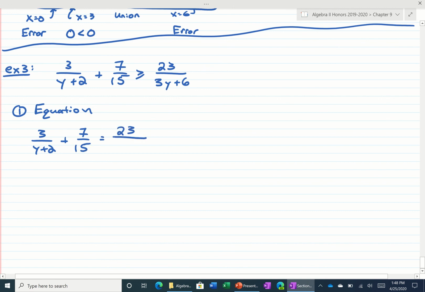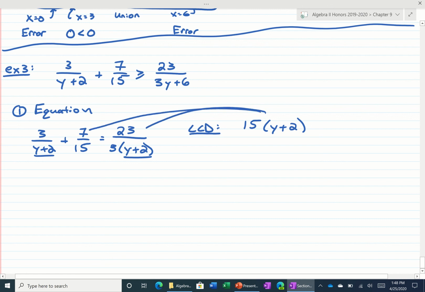I'm going to go ahead and factor out the bottom. And for our least common denominator here, we're going to definitely need a factor of y plus 2. It's going to take care of this and this. And between 15 and 3, the LCD would be 15. I'll multiply that out. Let's see what happens.